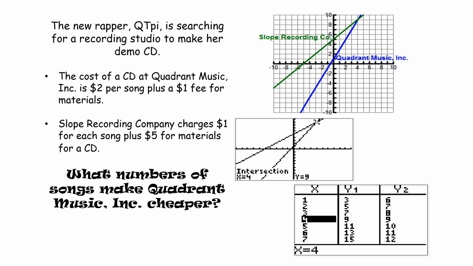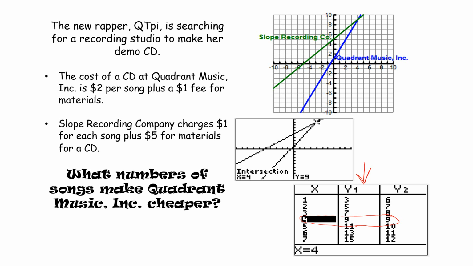Alright, now what number of songs makes Quadrant Music, my blue line, or my y1, cheaper? If you notice, we know at 4, 9 they're going to be the same. And after 4, Quadrant starts to be a little bit more expensive.